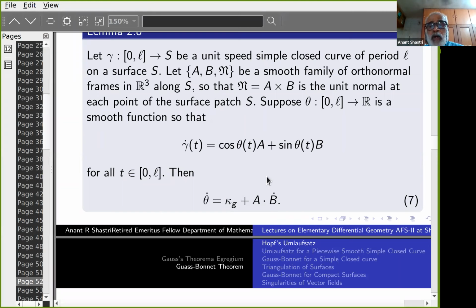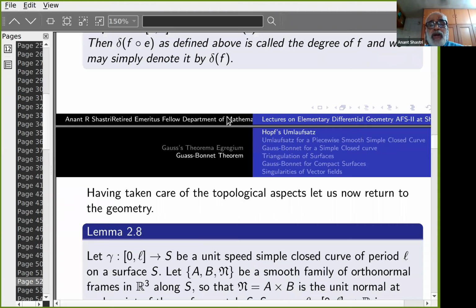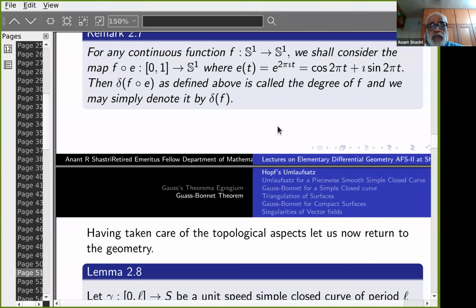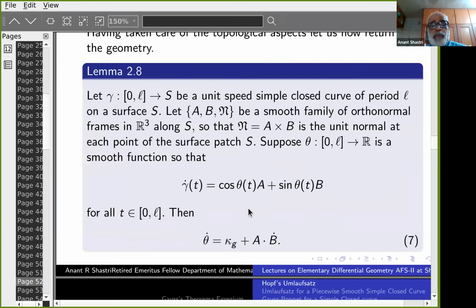Before writing theta dot, I should know why this theta is differentiable, right? And that justification comes from whatever we have done so far, and it's just an extension of that part just now. Whatever we have done so far is necessary for this one, that there is such a theta.